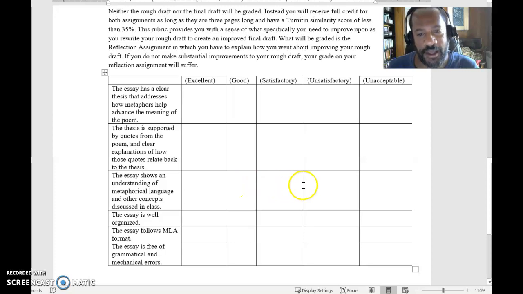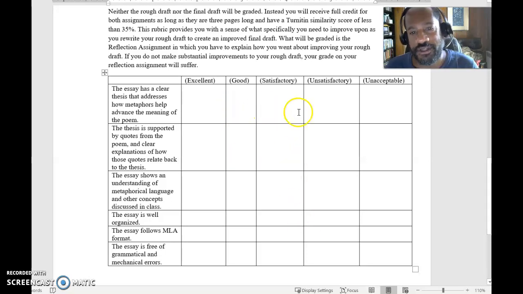I'll give that an unsatisfactory. Well organized, satisfactory, let's say MLA format, good, and free of grammatical errors, good. You would have different categories in here, right, for your rough draft, and that would tell you what specifically you need to do when you create your final draft.